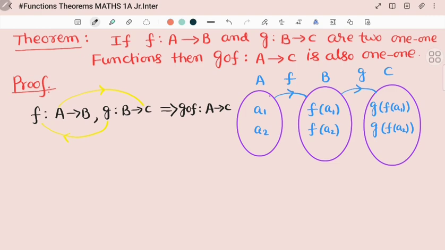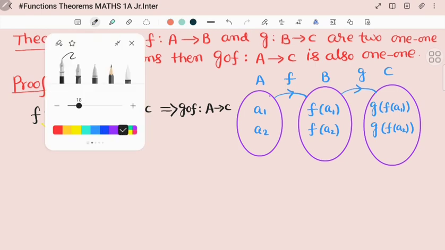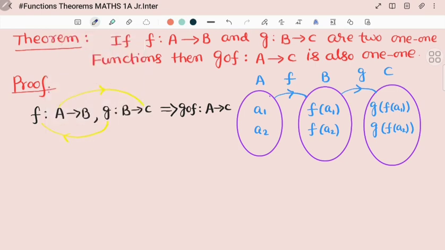So now, in the figure also we need to remember.